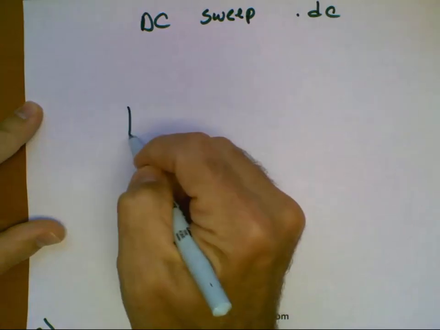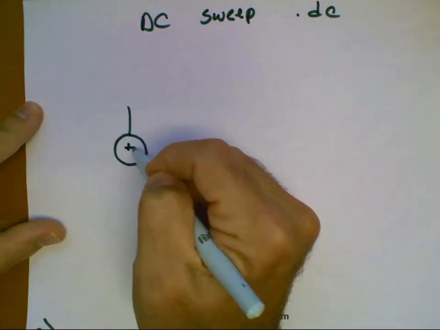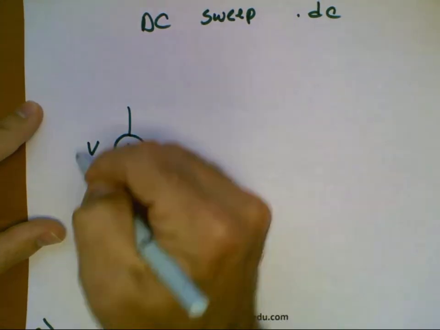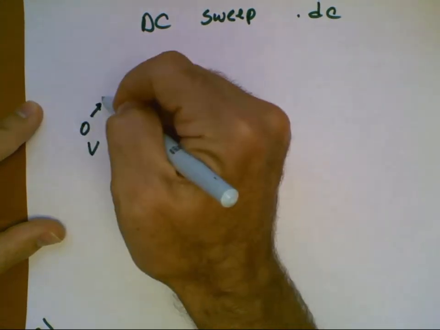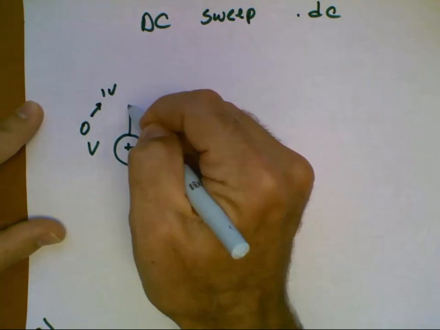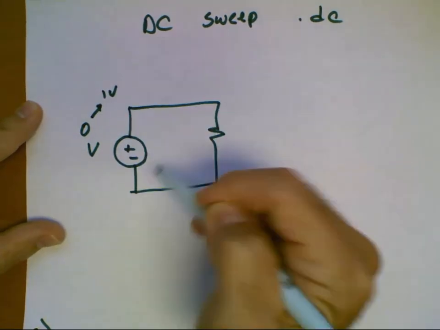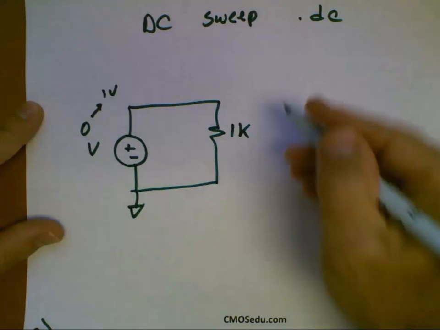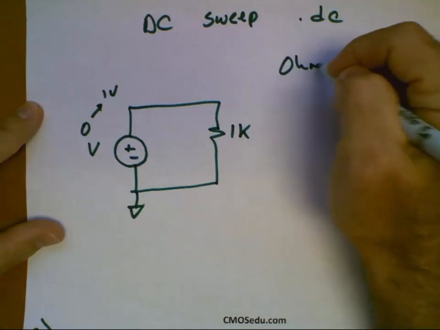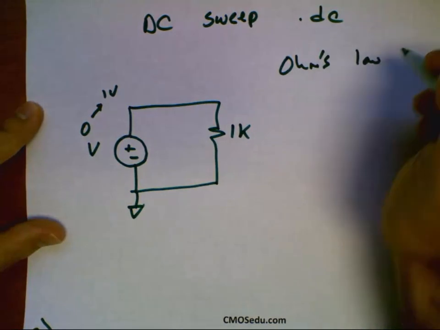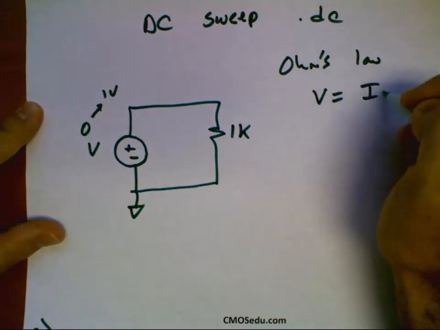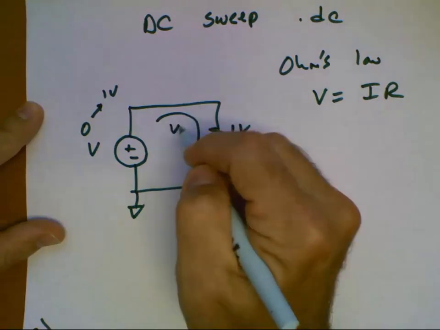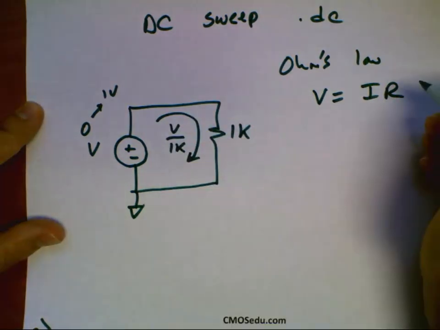So what I'm going to do is take this voltage source or pump, and I'm going to sweep the pressure. I'm going to cause it to go from, say, 0 up to 1 volt. And then I'm going to see how much current flows. And let's still use a 1K. Well, we know Ohm's law is V equals IR. We know the current that flows in this circuit will be V over 1K.